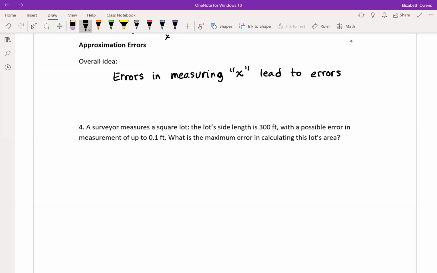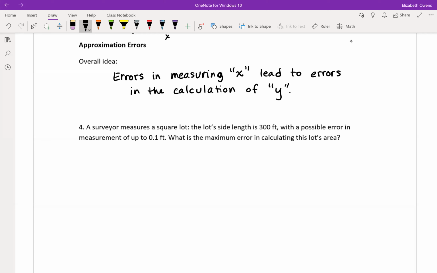So errors in measuring X can lead to errors in the calculation of Y or some other quantity. Okay, that's the main idea.